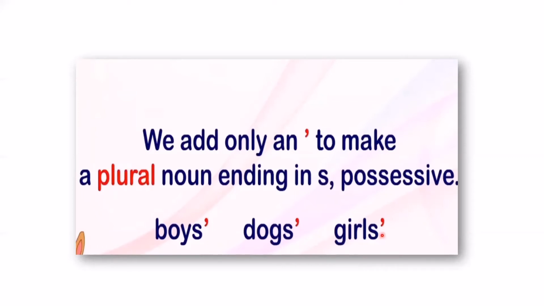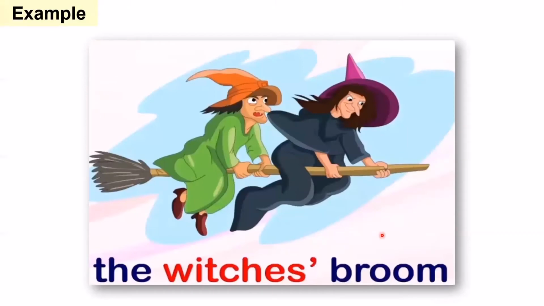I hope children till here everything is clear. Okay. Let's see an example. The witches' broom. Here also you can see this is the broom, children. And here how many witches? 2 witches. It means more than one. And s is also there. Yes, witches.